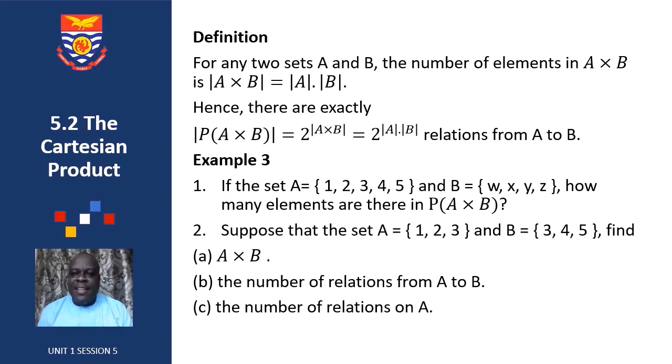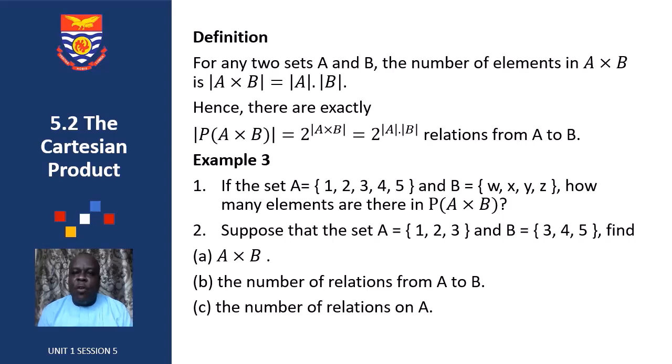This means that there are exactly 2 to the power |A cross B| relations from A to B. So if you want to find the number of relations from A to B, you do 2 to the power |A| times |B|.